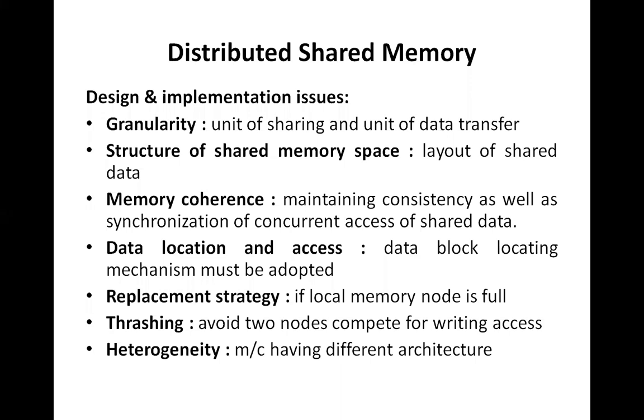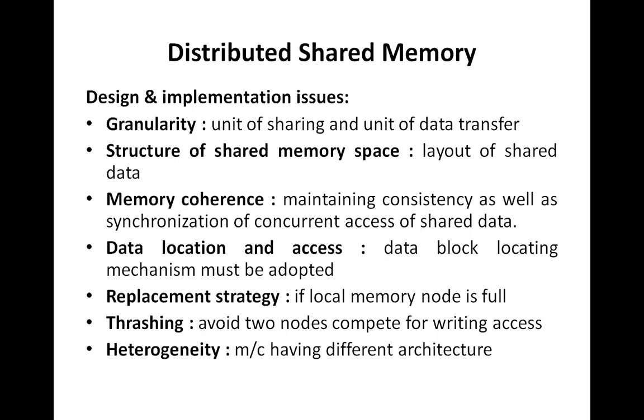In this case, the main problem is to solve the memory coherence problem, which deals with the consistency of a piece of shared data lying in the main memory of two or more nodes.